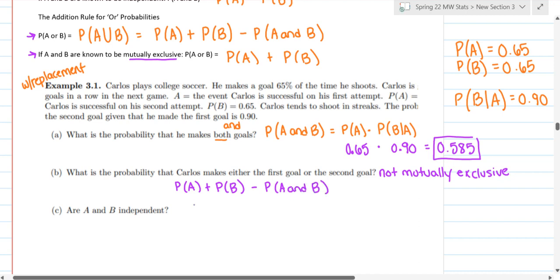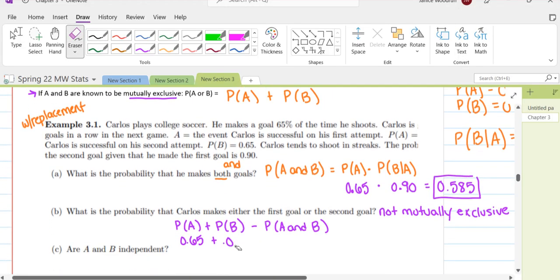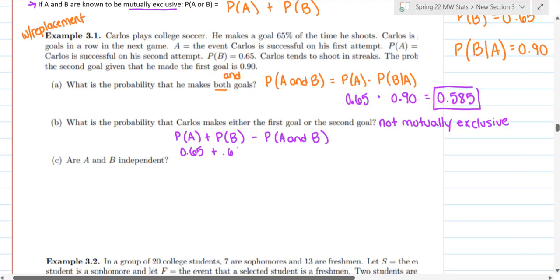Okay, well the probability of A is 0.65. Probability of B is 0.65, not 0.065. Okay, and the probability of A and B we found right here in part A, which was 0.585.